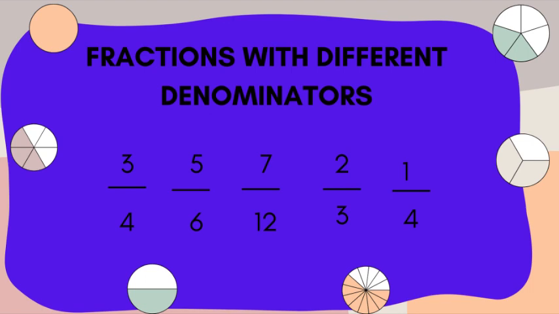Remember, guys, once we have a set of fractions that we want to group into descending or ascending order and it has different denominators, we need to find the lowest common multiple. So we need to find a denominator that is common for all fractions. For this example, 12 is the lowest common multiple because all the denominators can go into 12 without leaving a remainder. So 12 is the common denominator.